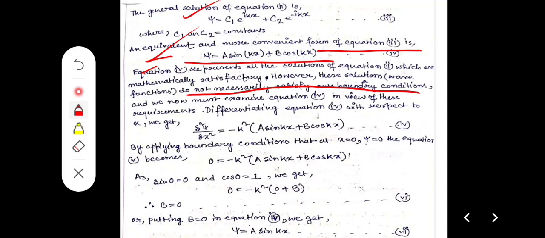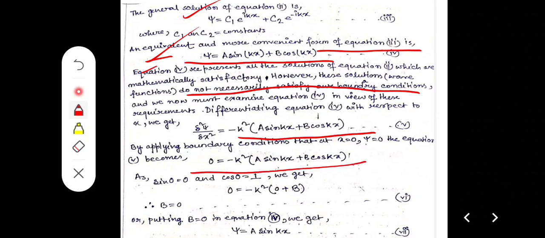So, differentiating the equation, del square psi by del x square. As we know, psi equal to a sin kx plus b cos kx. We differentiate with respect to x, and we ultimately get minus k square (a sin kx plus b cos kx). Applying the boundary condition, at x equal to 0, psi equal to 0.